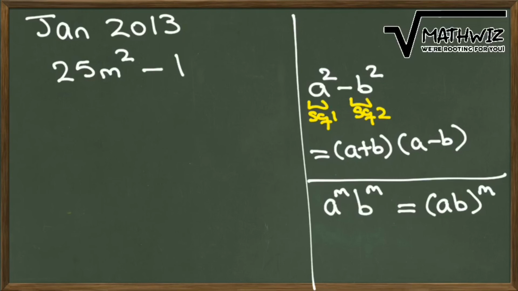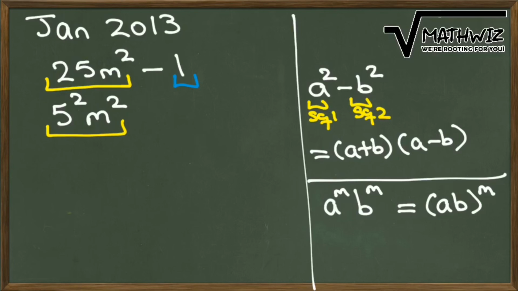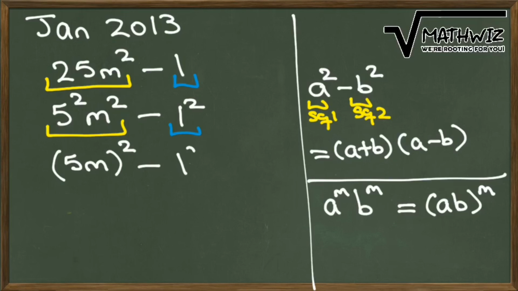All right, so same thing, I'm going to have to change out the 25m squared, change out my 1. So this is going to become 5 squared m squared. And this is going to become 1 squared. Right, now this is still not looking like the difference of 2 squares, so I'm going to use my rule of indices and call this 5m all squared minus 1 squared.